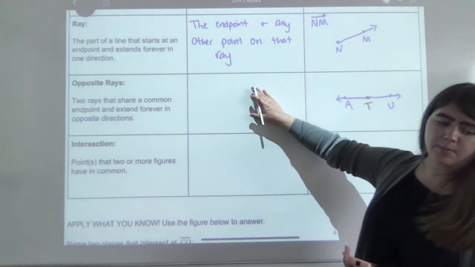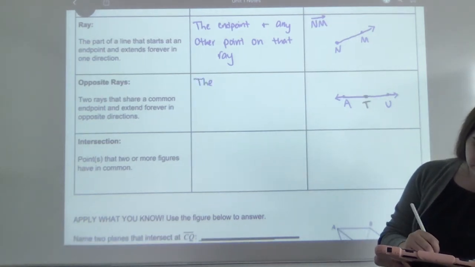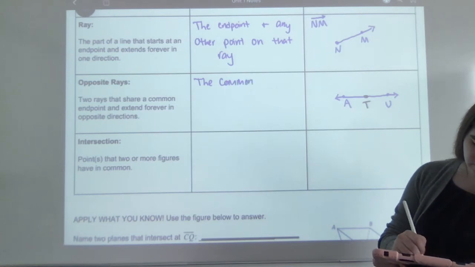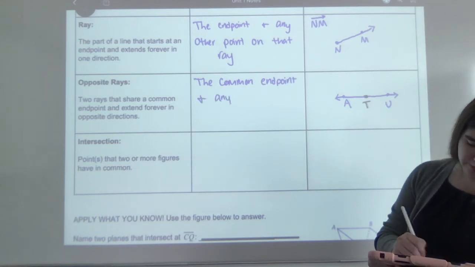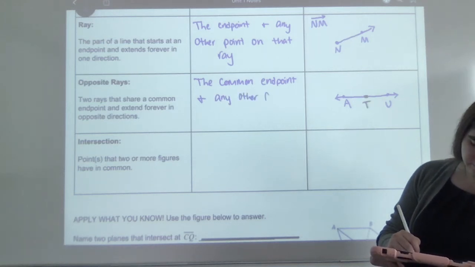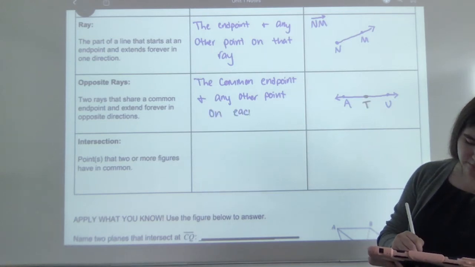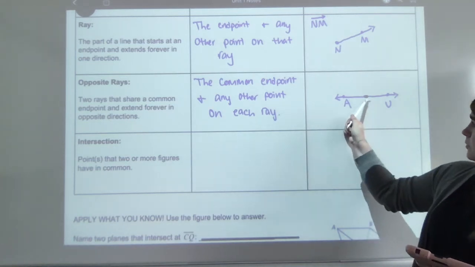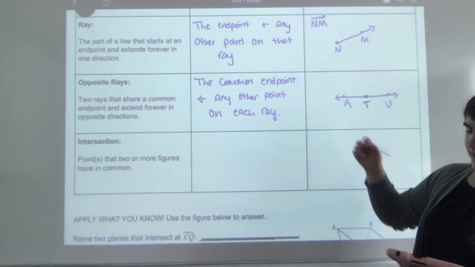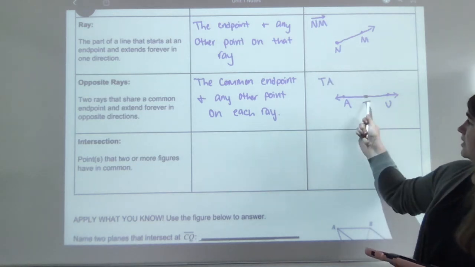So in our how we name it box, we're going to go ahead and write the common endpoint, and any other point on each ray. So let's go ahead and start with this ray here. I have T to A, so I have the point TA, where T is my endpoint.